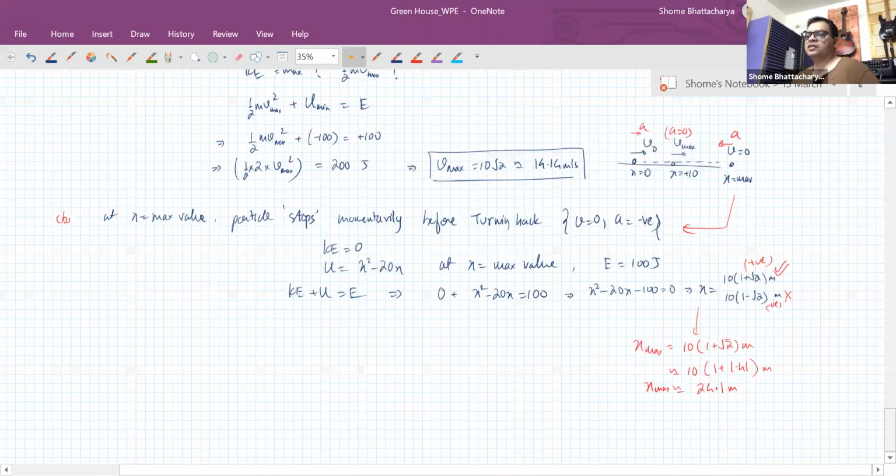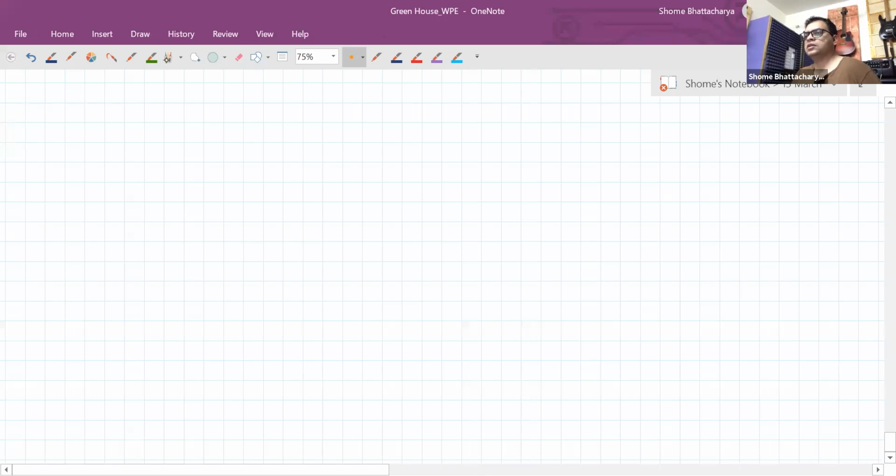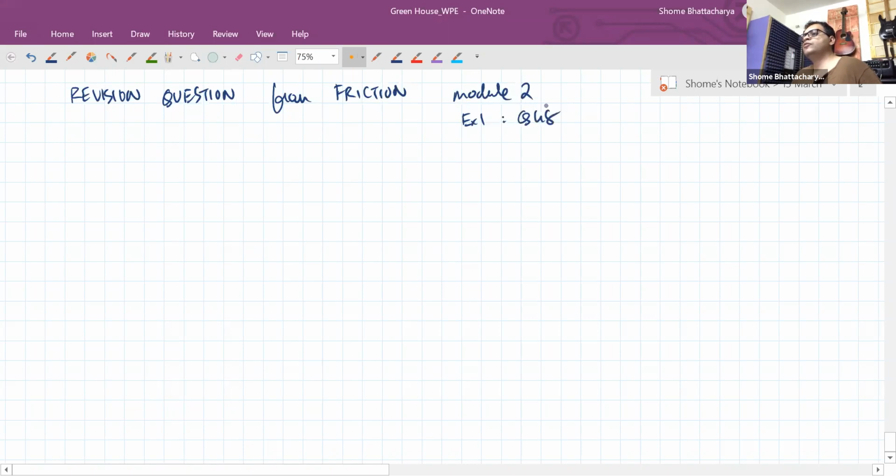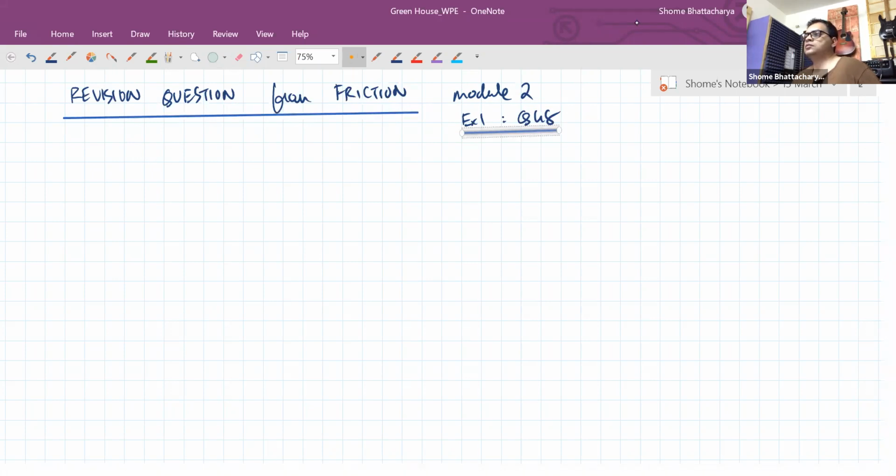So this question will take a little bit of time, 5 minutes or so to discuss, but there's a lot to learn from it. So this is a revision question we'll do, from friction. This is from module 2, exercise 1, question number 48.